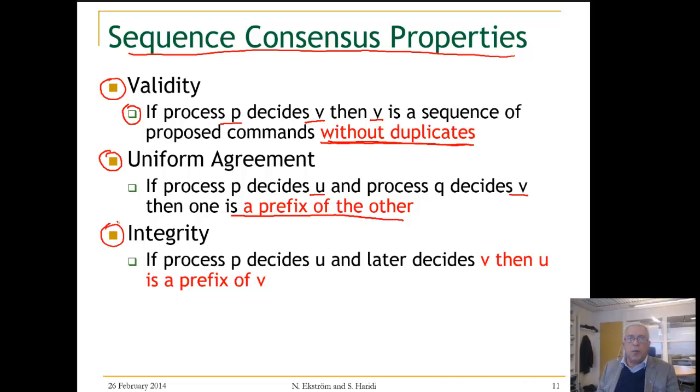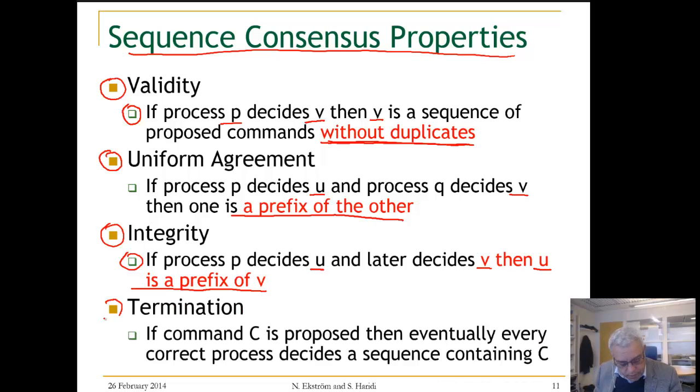Now we want to be able to decide more than once. A process P decides U, and if it later decides on V, then we want U to be a prefix of V. V is a longer sequence than U, but contains all the elements in order that are in U.